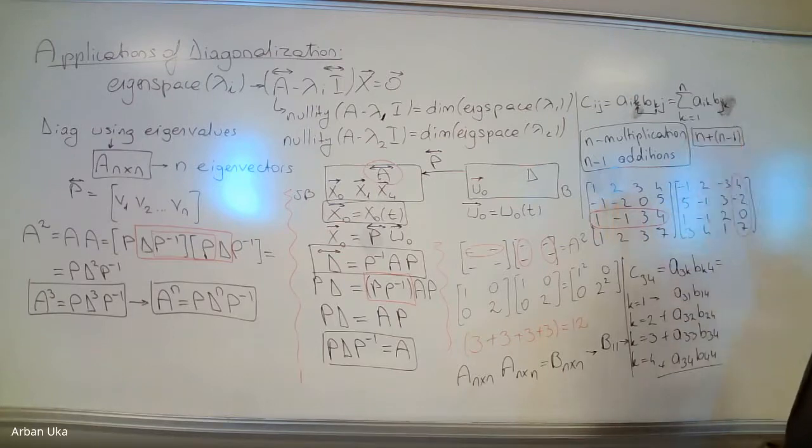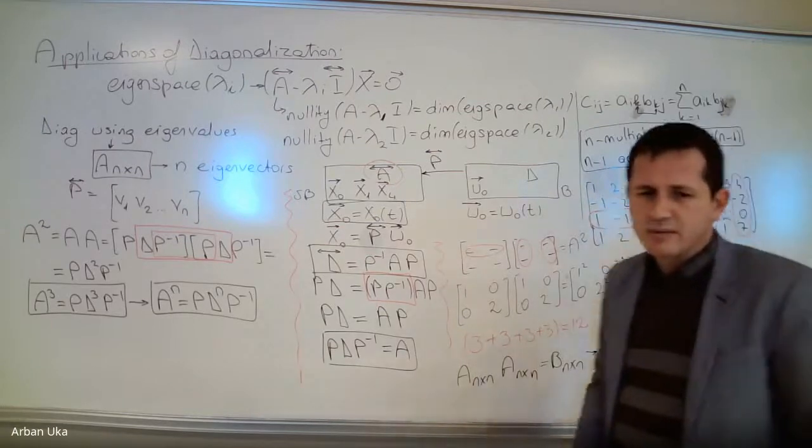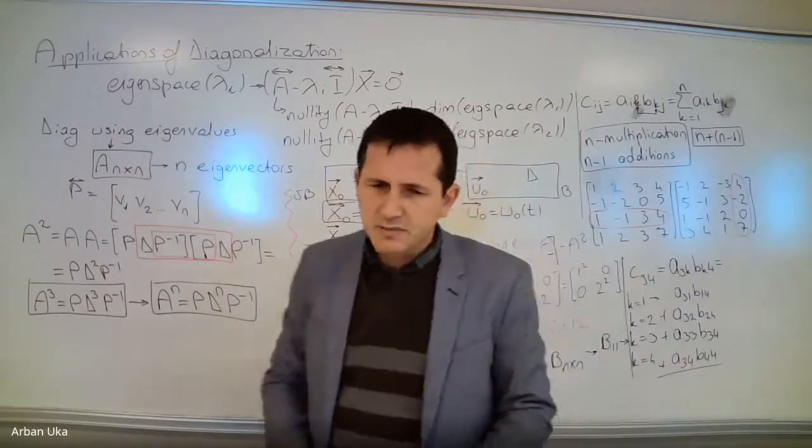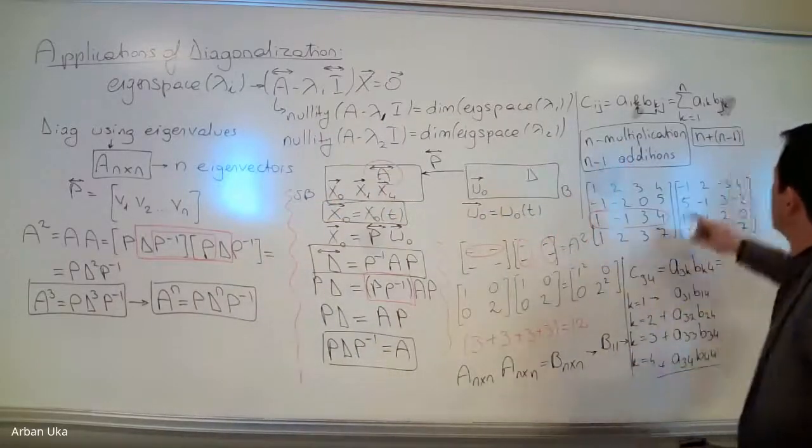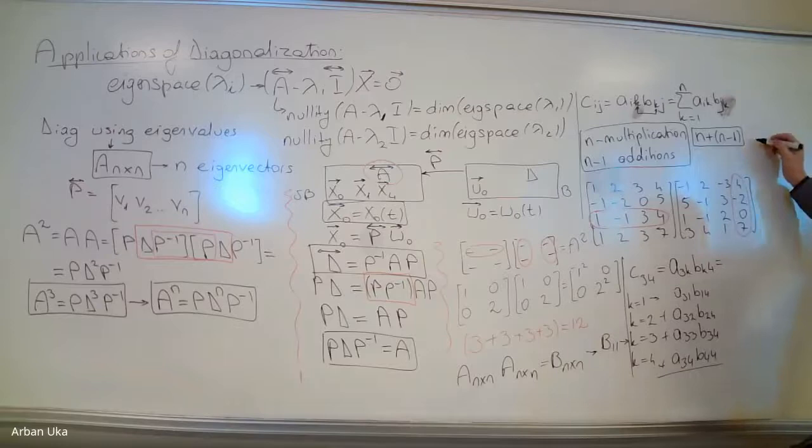But how many numbers do we have as a result? The matrix is 4 by 4. How many elements? 16. So it's n squared. This is for a single element.